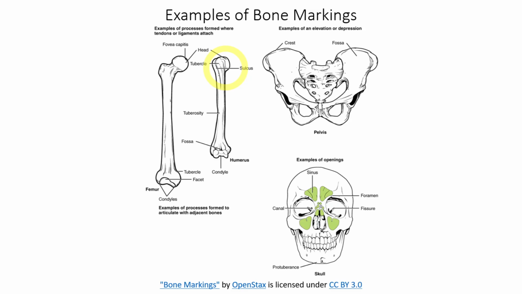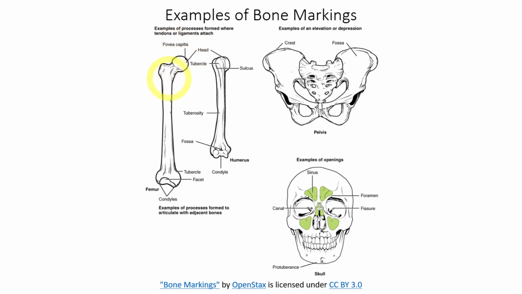So they're the first things coming off the torso, as part of the arm for the humerus and the leg for the femur. The head is the round part. The humerus has a little hole at the top of the round part called the fovea capitis, which means the hole at the top.